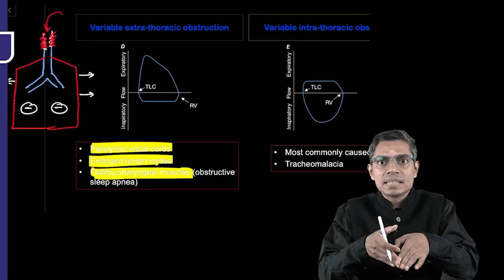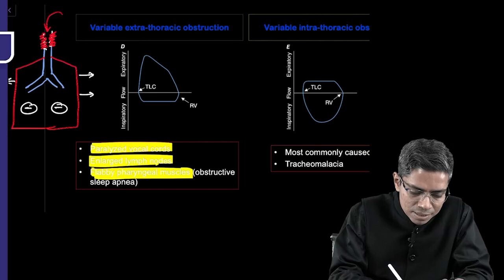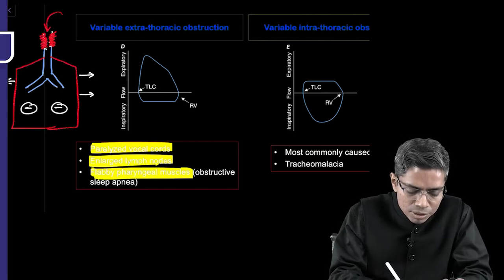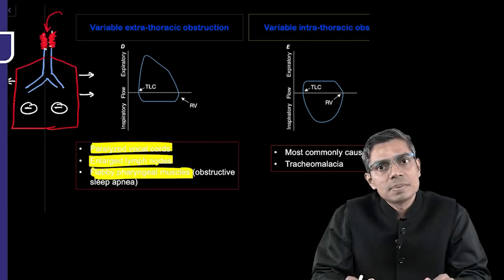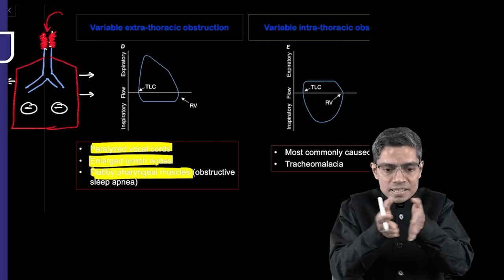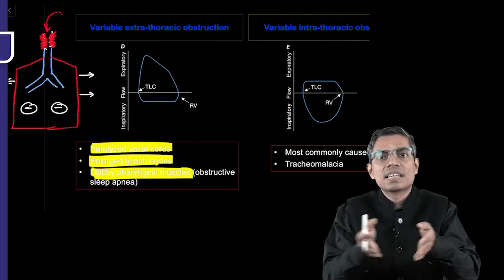They will enter inside these airways. So these flabby muscles are going to cause obstruction whenever the person is trying to take inspiration. So this vocal cord paralysis, or maybe this pharyngeal muscle, will be sucked inside these airways.